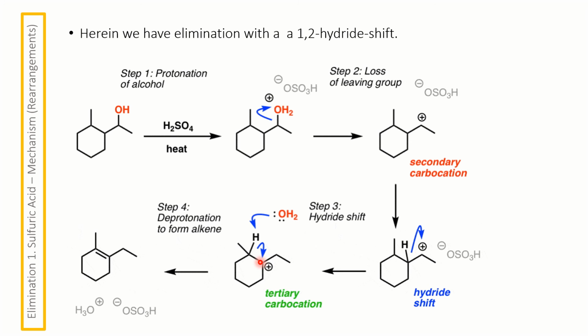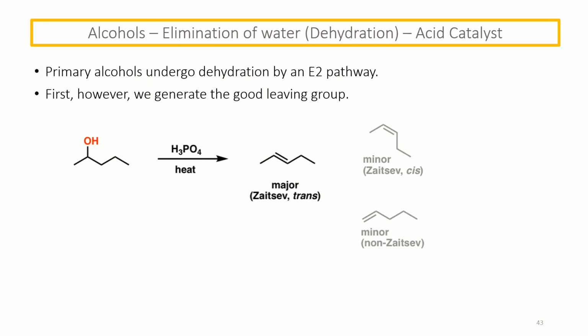And so when we do have elimination, we end up with this alkene instead of an alkene here, or the Zaitsev here, which is tri-substituted. With primary alcohols, we can go via the E2 pathway with the phosphorus oxychloride.